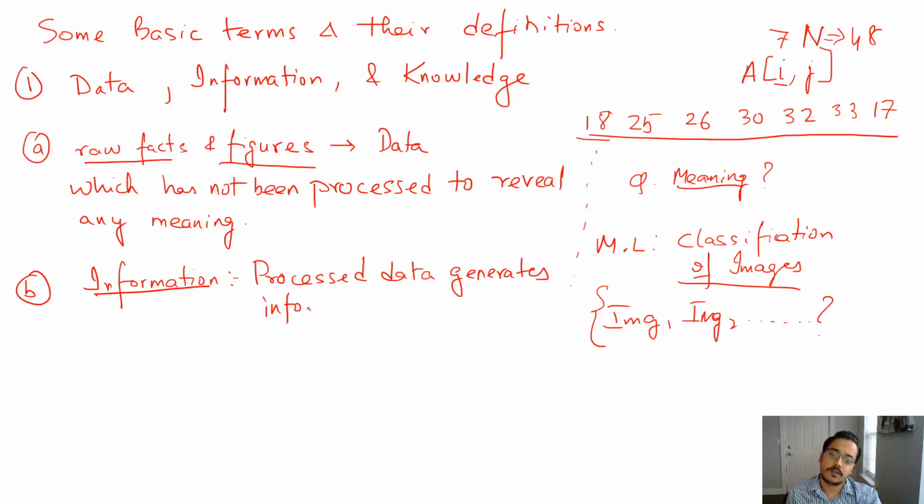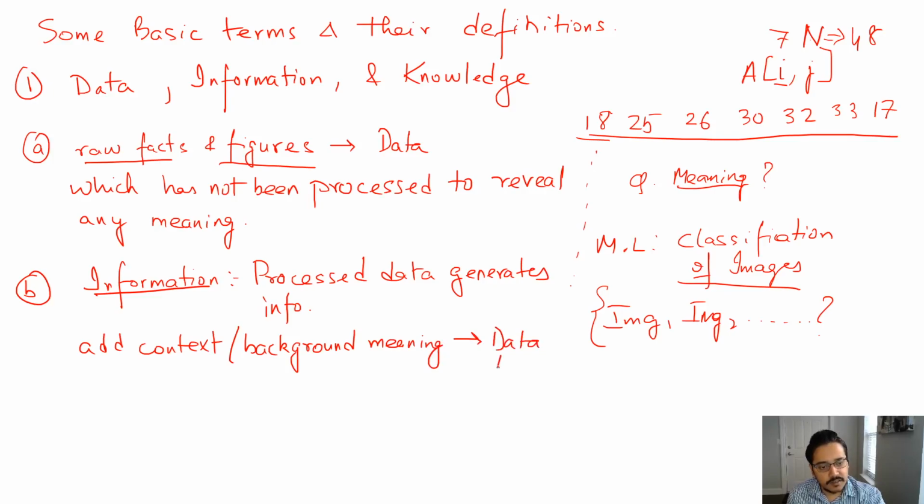That means if we add context or background meaning to data, and then we process it by applying some sort of procedure, given the nature of information that we're trying to extract, then through that processing we are able to generate information.